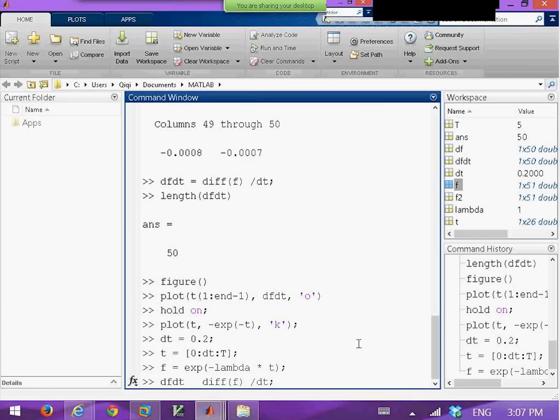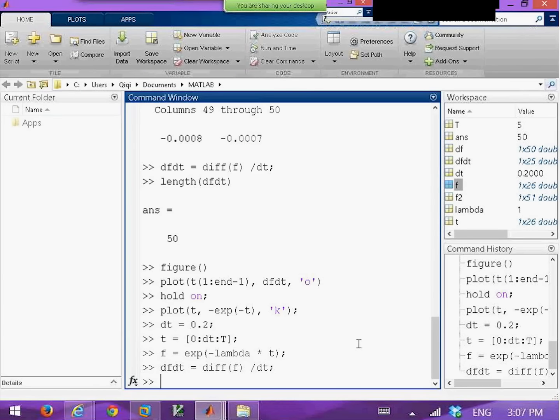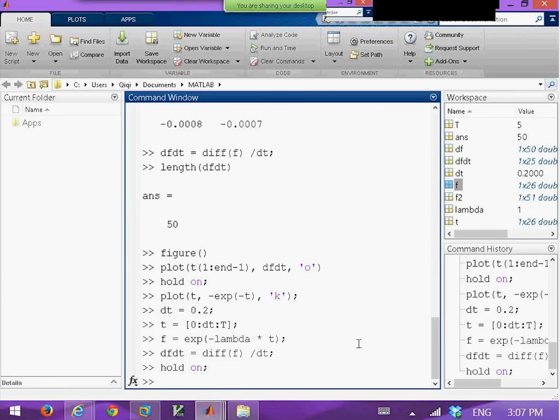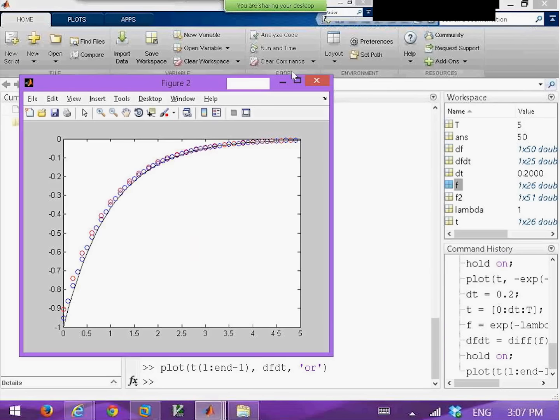And the df/dt is equal to this. Right? And I'm going to hold on and plot. I'm going to plot t from 1 to n minus 1, df/dt, and this time I make it red. So o means I still want to plot in circles, r means red. So let's see what I get.